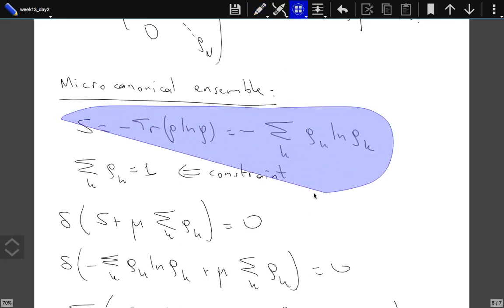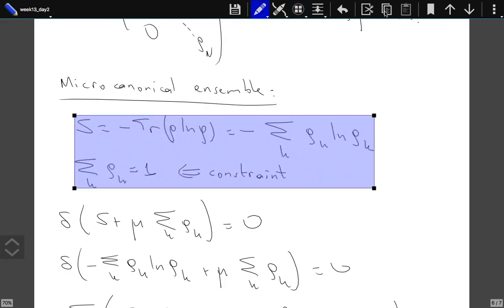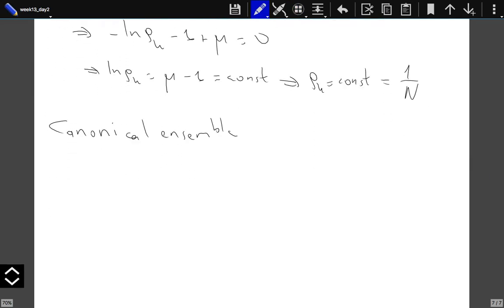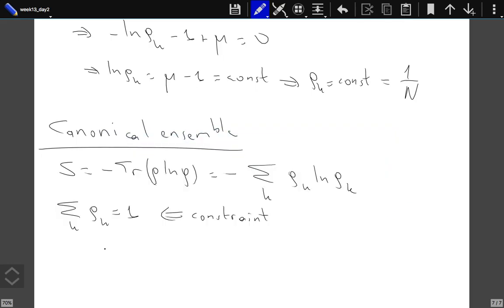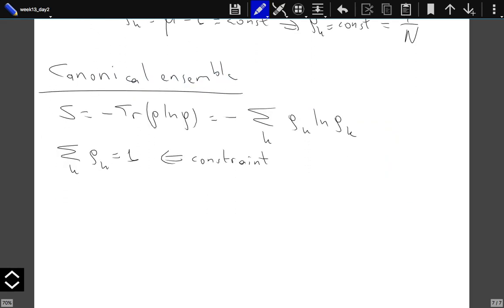well, these conditions we already have. But there's one more constraint: the average energy.